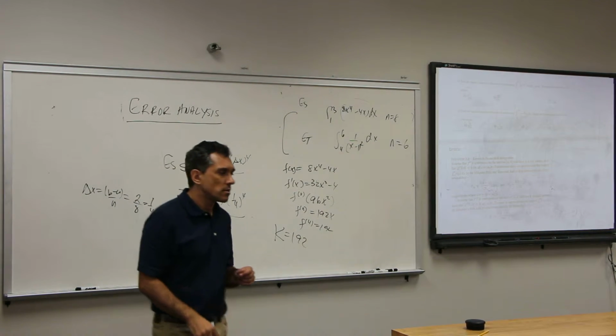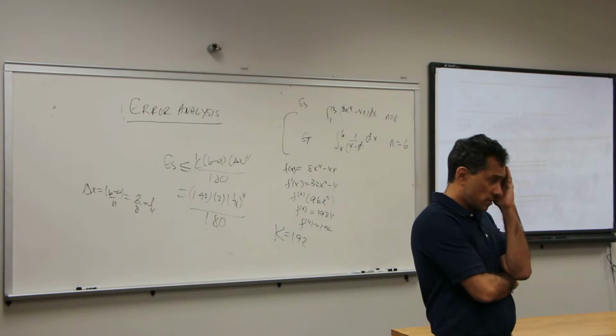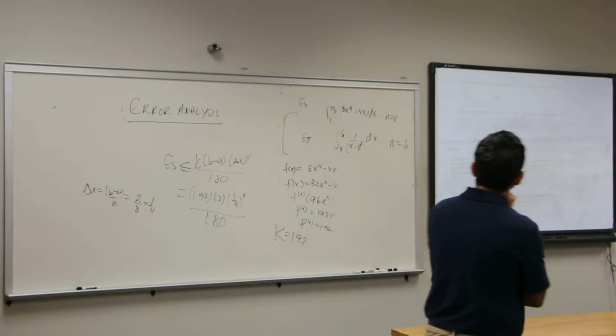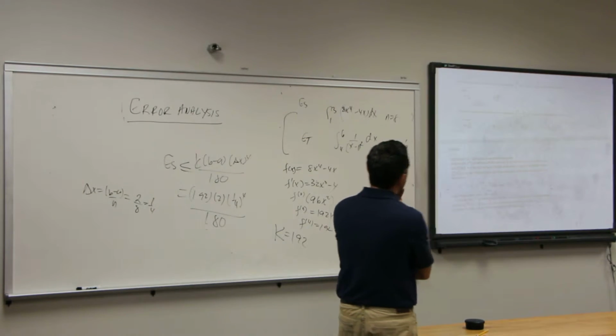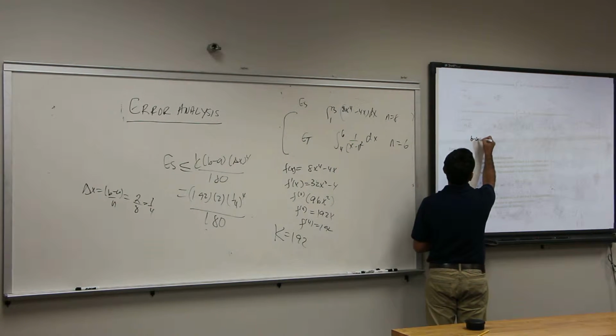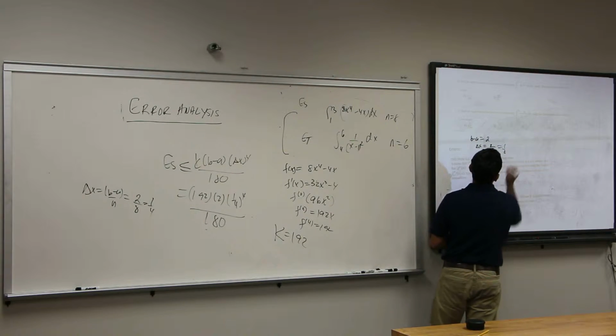No more than. Who did the second one? I need the second derivative. What is delta x here? The d minus a is 2. Delta x is what? 2 over 6, which is 1/3.